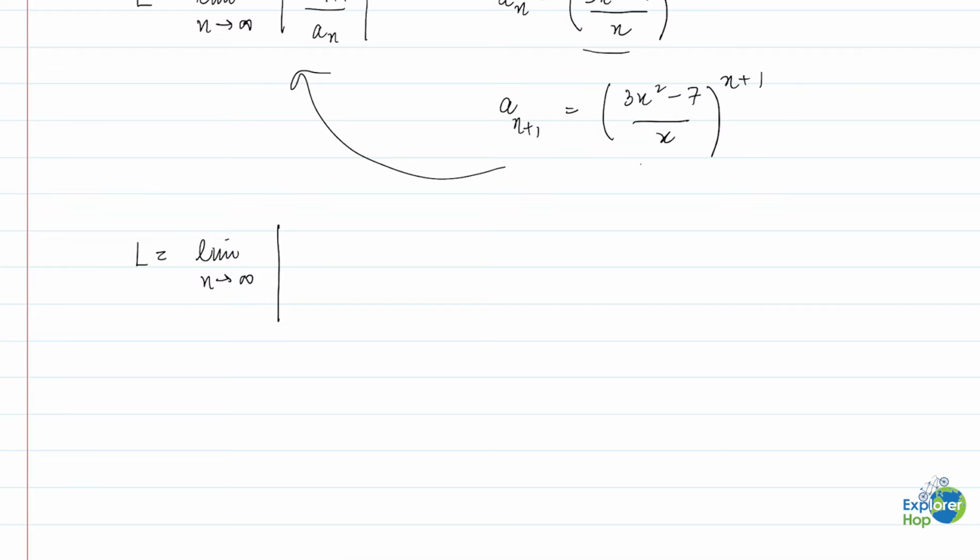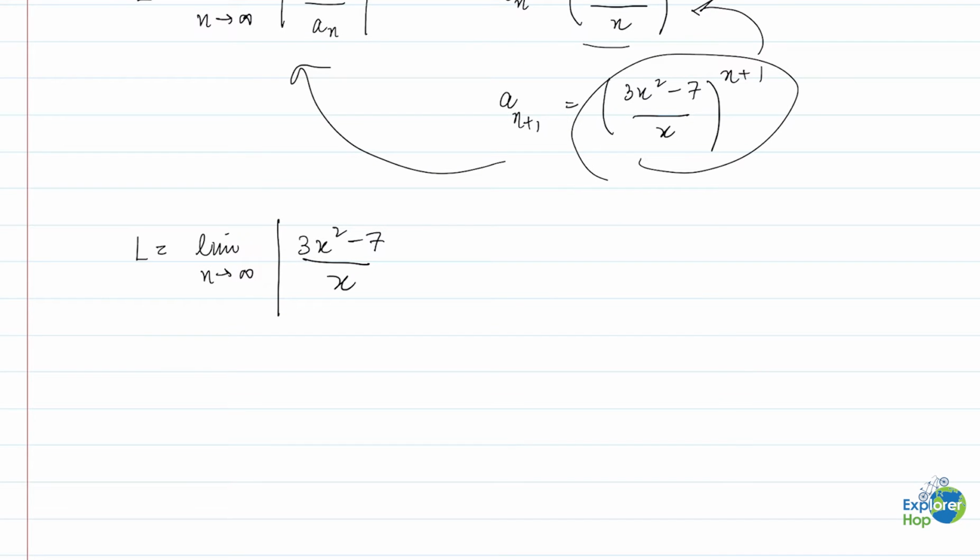If we divide this by this, we end up with 3x squared minus 7 over n to the power of 1, or just this. Sorry, not x, this would be n, and this would be n.